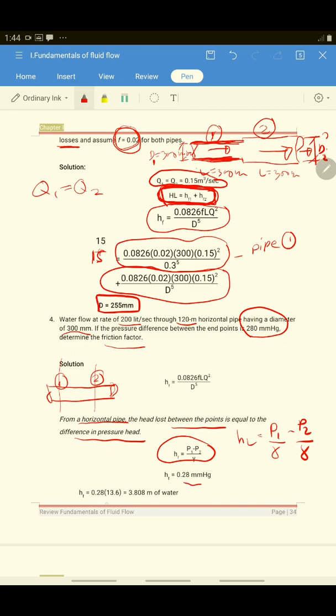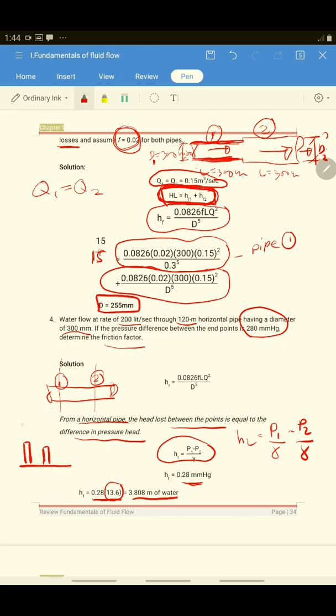So we're going to multiply the height of the mercury by the specific gravity in order to express it in water. If you remember in your fluid mechanics, the pressure of a fluid at the same elevation along a horizontal line is the same.